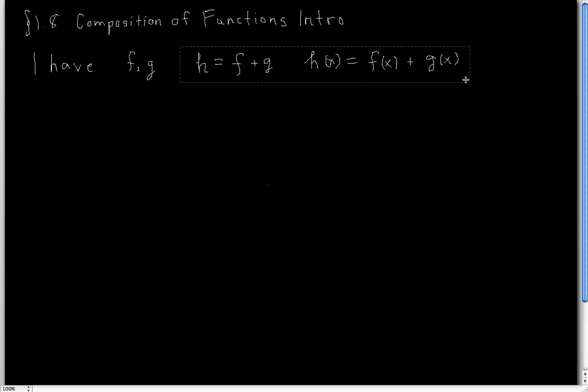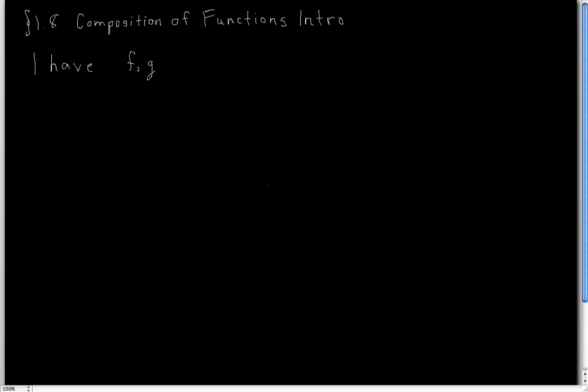So I'm going to forget about this. What we want is something a little more complicated, and let me explain in words what that thing is. One way we can think of functions, in particular these two functions f and g, is as doing something. For example, if I take a number x, f does something to that number, and g might do something else.